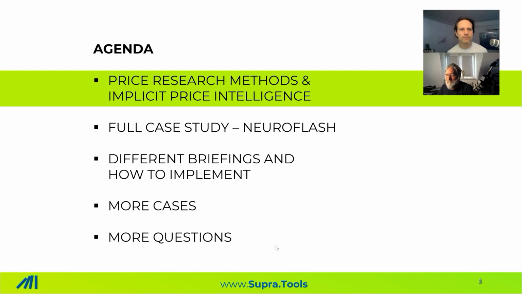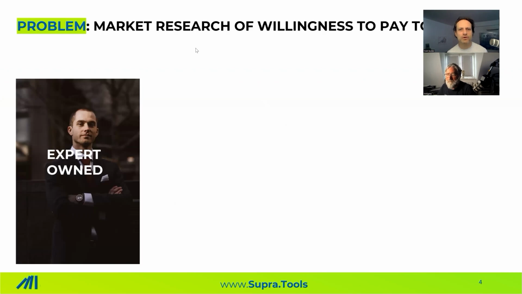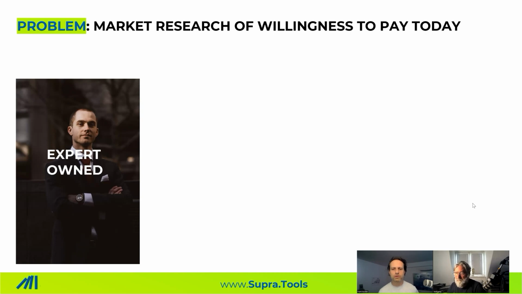Cool. So, price research. What's the framework? What's the situation today? There are methods around, basically in three groups: van Westendorp, Gabor Granger, and conjoint methods. Conjoint is seen as the most reliable one.